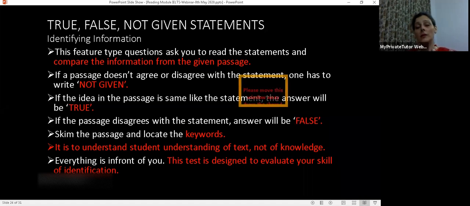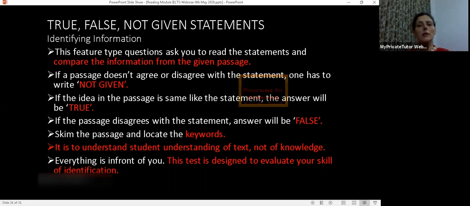How do you do it? Skim the passage and locate the keywords. It is about understanding of the text, not your own knowledge. Keep this in mind: it is the understanding of your text, not how much you know about other things, because everything is new.